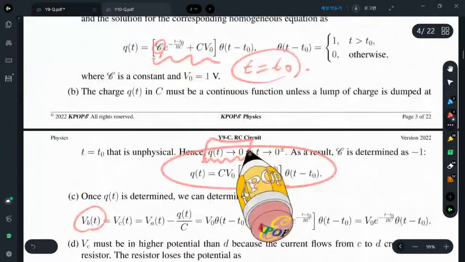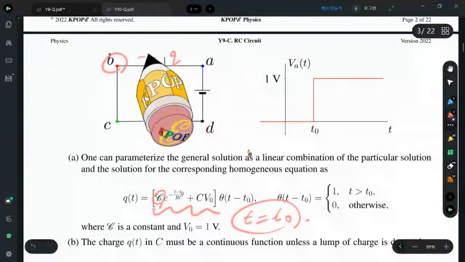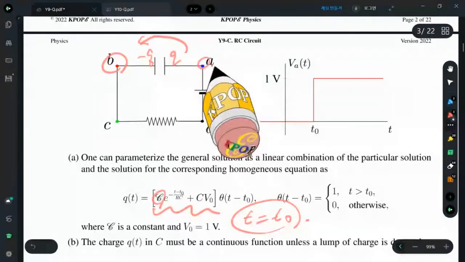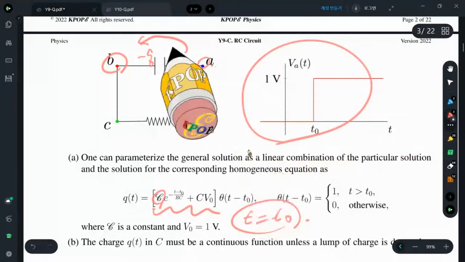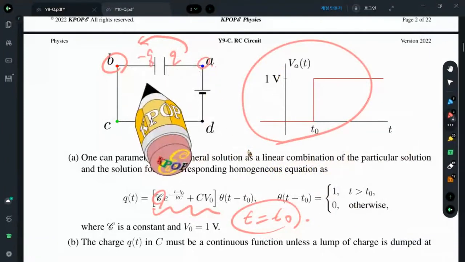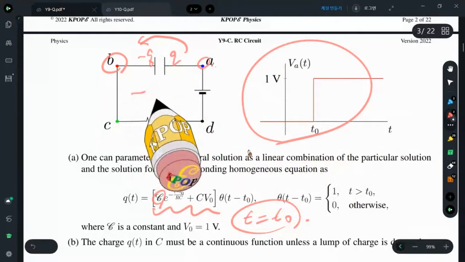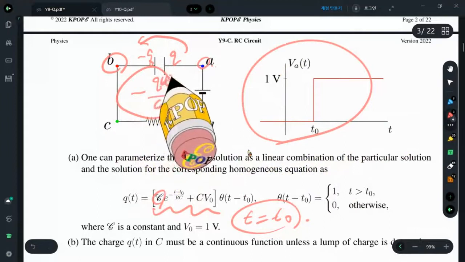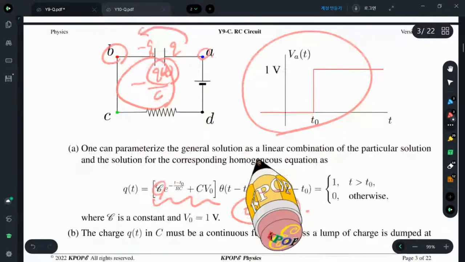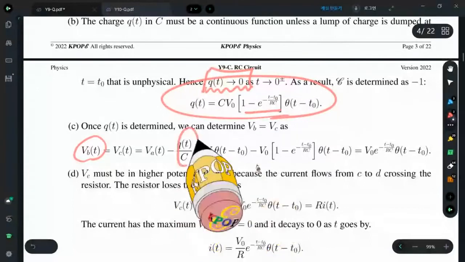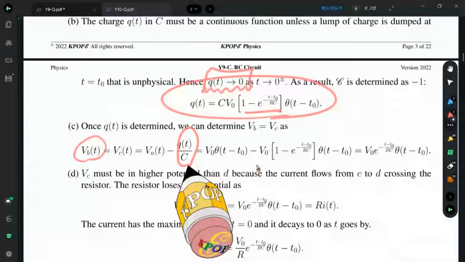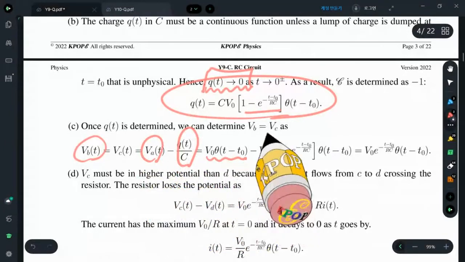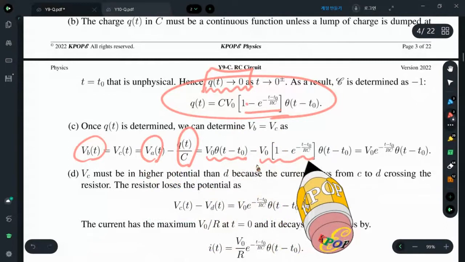I told you if I pass this, this is Q and this is minus Q. If I move in this way, because I know what VA is, if I pass this, I need to subtract Q over C, right? So we know the answer for Q of t, so we substitute this Q of t over C. And VA is given in the problem.